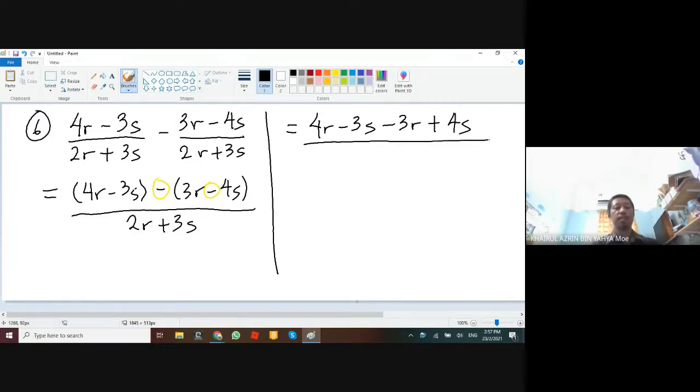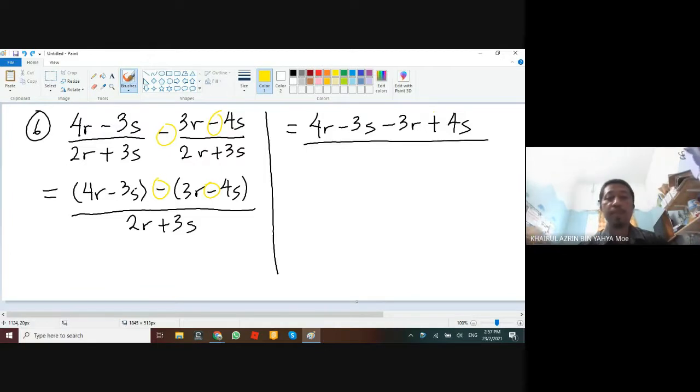Can you see? That's what I say. If you notice here, negative, negative, but here we write negative, positive. Be very careful with the positive and negative signs.